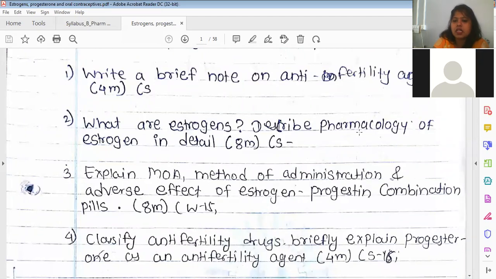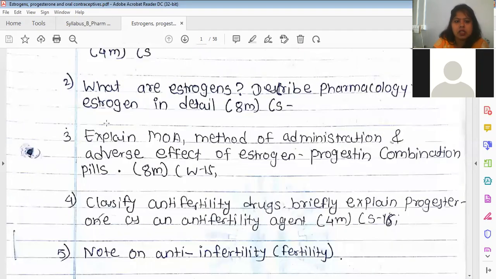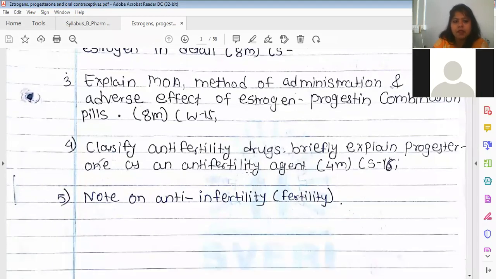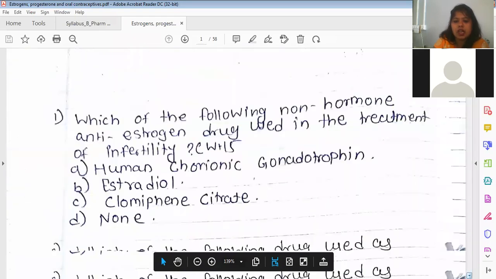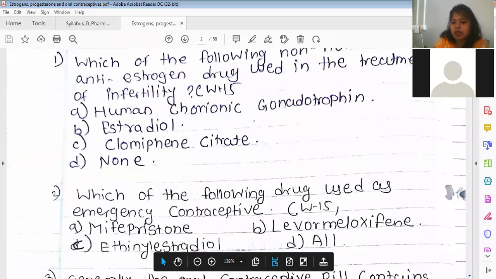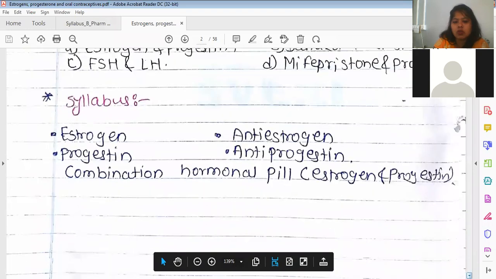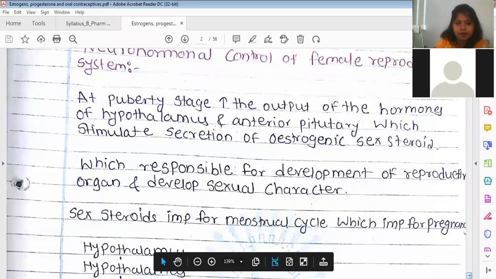What are estrogens? Describe the pharmacology of estrogen. Then what is the mechanism, method of administration and adverse effects of the estrogen progesterone pill. Then what are anti-fertility agents, and write a note on anti-fertility agents. So mostly questions like this. Then there are various MCQs. I will share the notes on the Google Classroom regarding this.